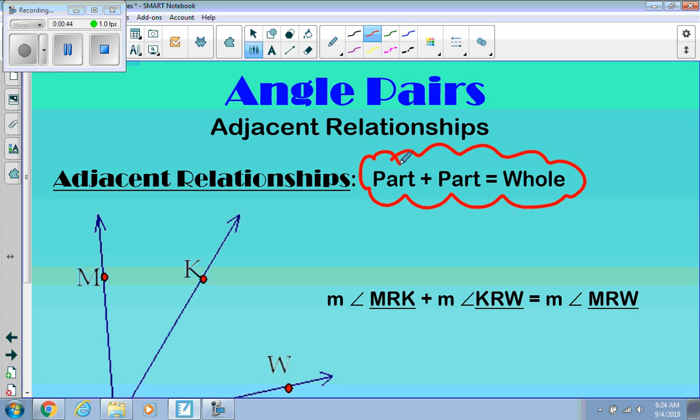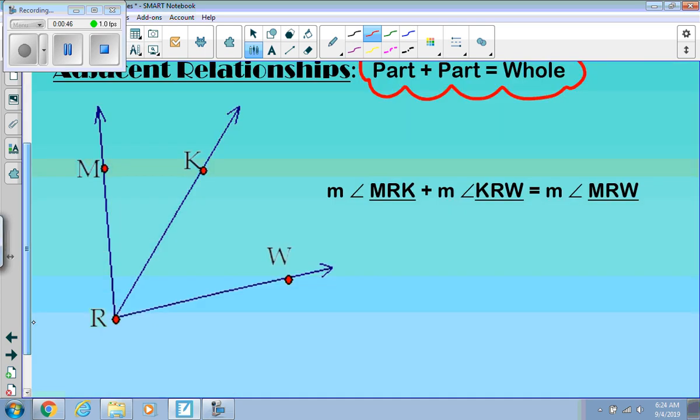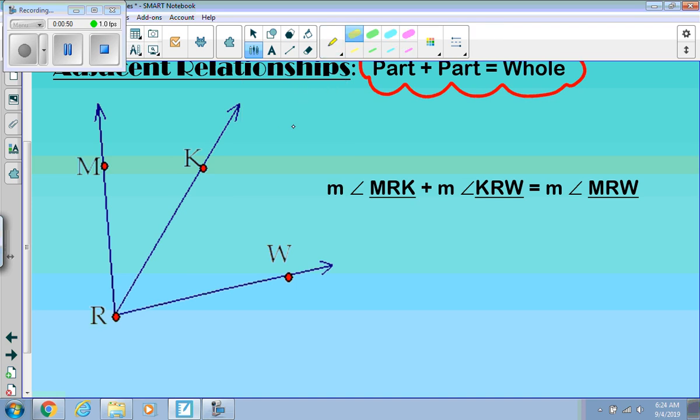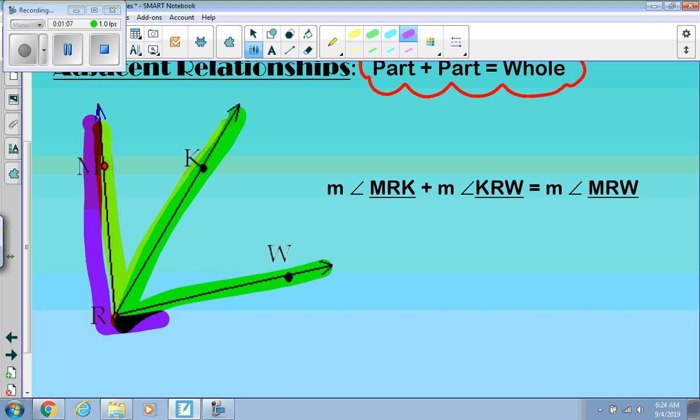So if we're looking at this picture here, we've got angle MRK, which is a little angle, and then we've got angle KRW, making up the whole angle, which is MRW. So if we add both of those pieces together, we're going to get the whole entire angle.